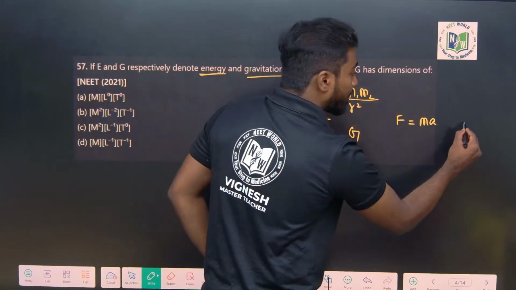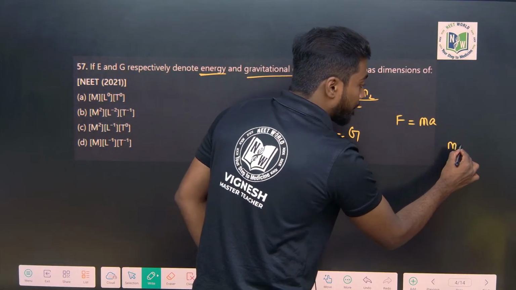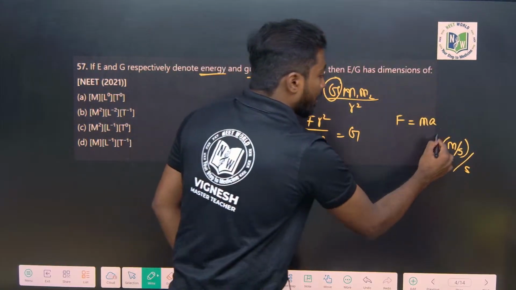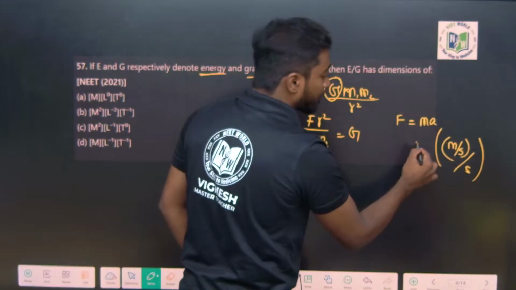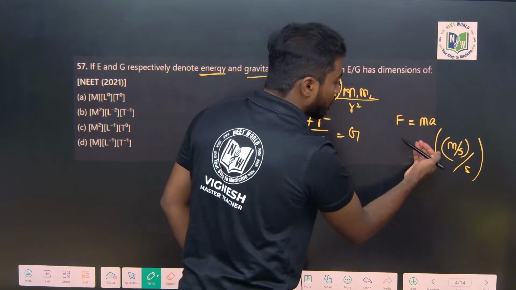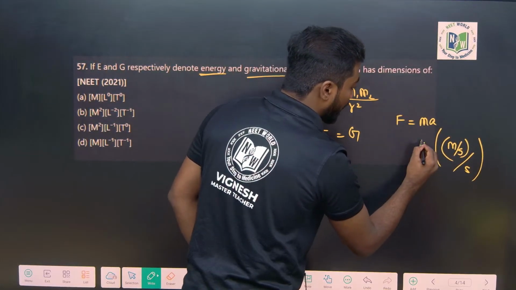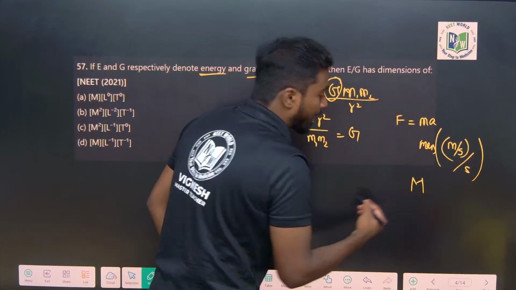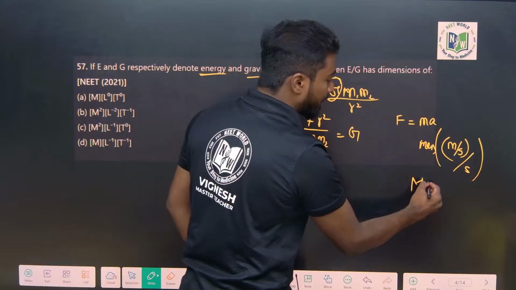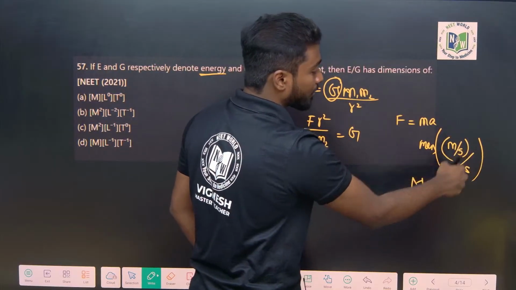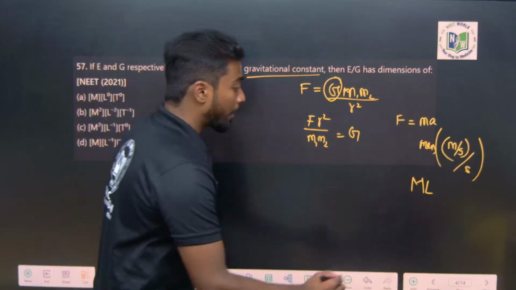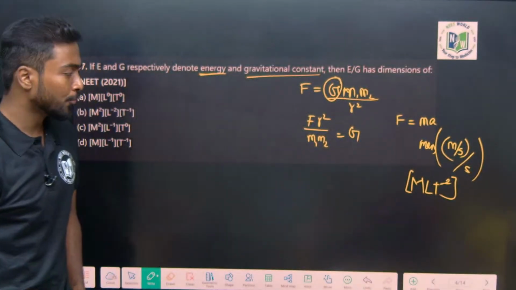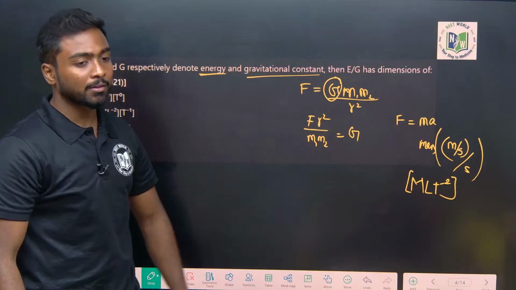So for acceleration, meter per second by second, and for mass I will write capital M, length L, then T power minus 2. This is for force. What about R square?